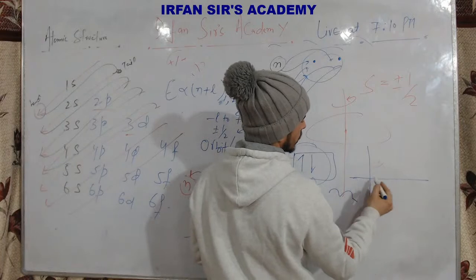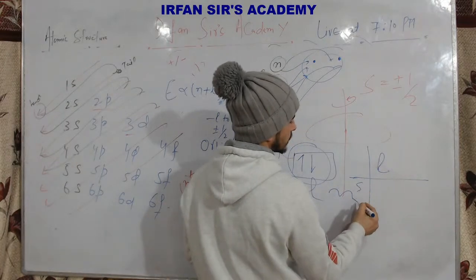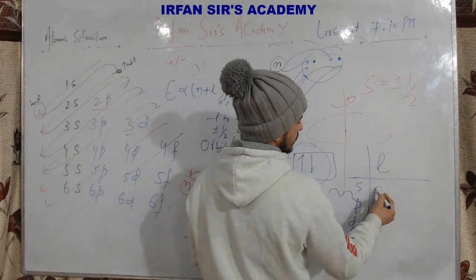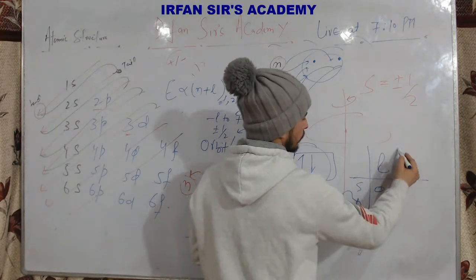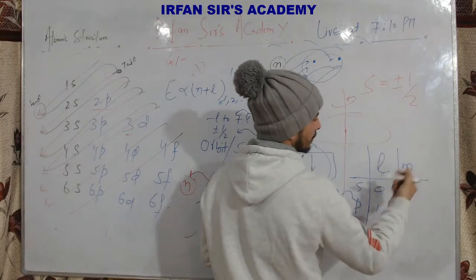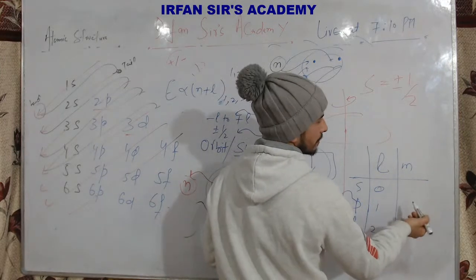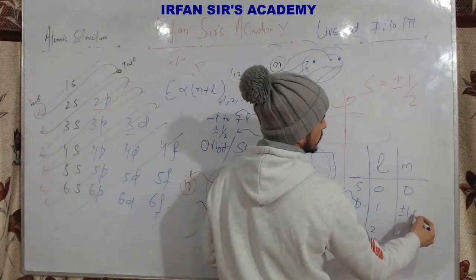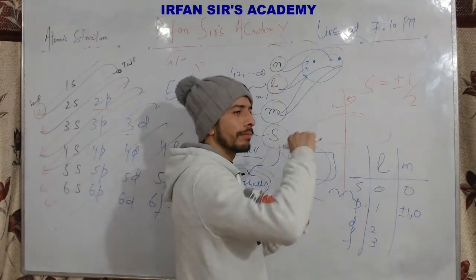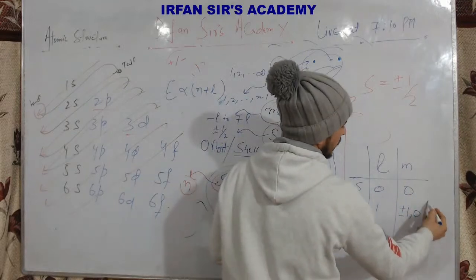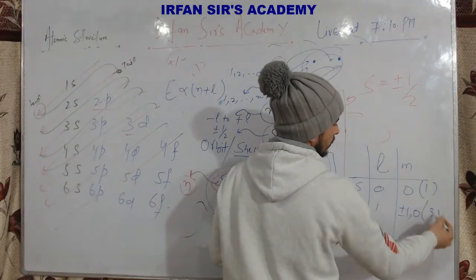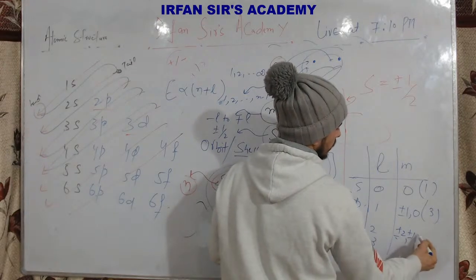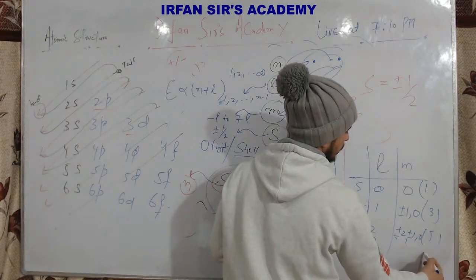The value of L for S, P, D and F is 0, 1, 2, 3. For M, it's minus L to plus L. For S it will be 0. For P it will be minus 1, 0, plus 1. For D it is plus minus 2, plus minus 1, 0, which will be 5. Similarly for F, it is 7.